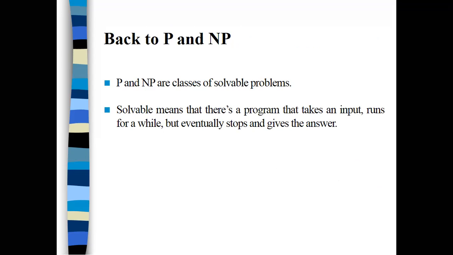However, NP problems need hundreds of hours, or thousands of hours, or sometimes years. So P and NP are classes of solvable problems. In short, we can solve these problems. In P we need less time, however in NP we need much more time. Solvable means that there's a program that takes an input, runs for a while, but eventually stops and gives the answer.